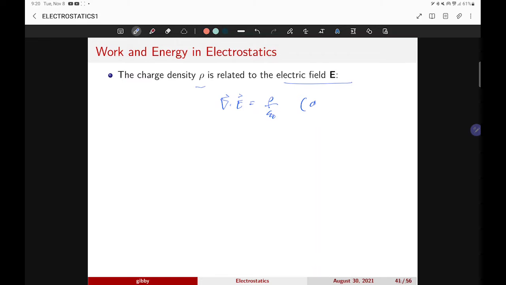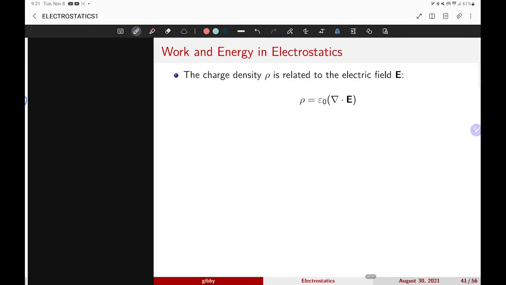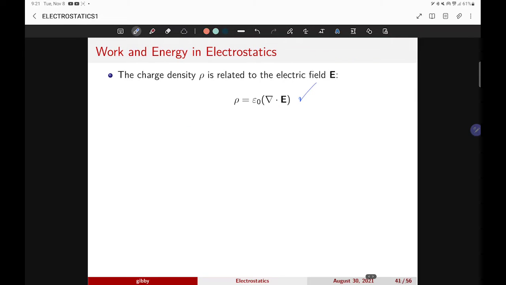So this is the differential form of Gauss's law. Then we can get rho is equal to epsilon naught del dot E. So that's why we have this equation.